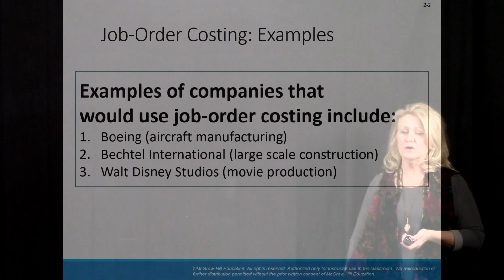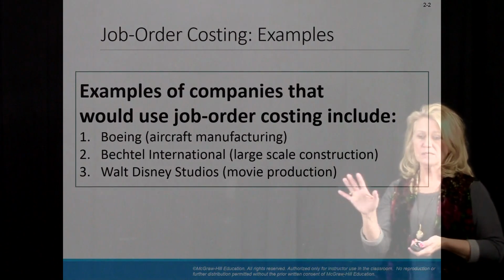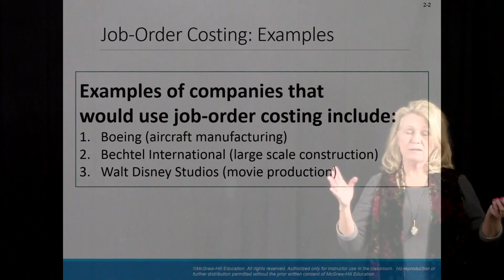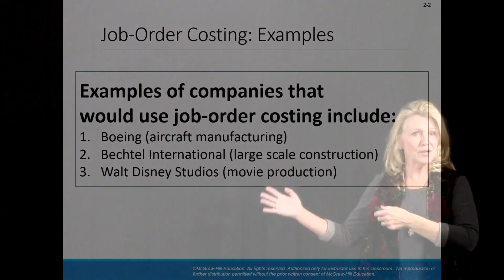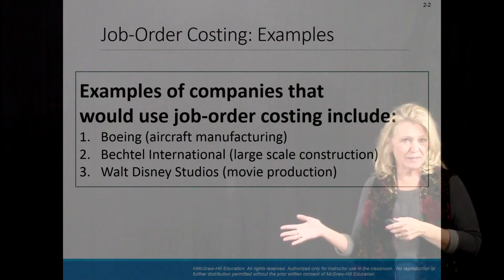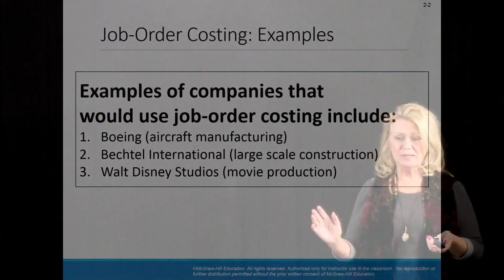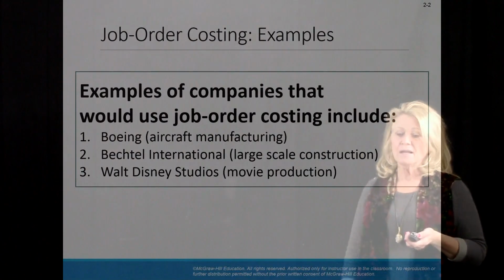All right, so I've covered some examples. Boeing aircraft: they keep track of how much goes into each different kind of airplane so that they know how much to charge our federal government or airline companies.